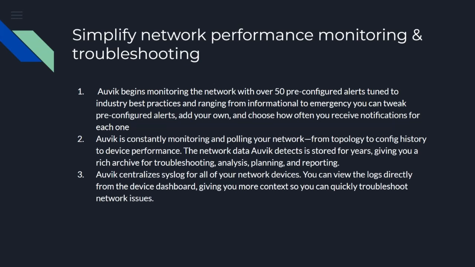You can tweak pre-configured alerts on your own and choose how often you receive notifications for each one. Constantly monitoring your network, from topology and history to device performance, the network data Alvik detects is stored for years, giving you a rich archive for troubleshooting, analysis, planning, and reporting.